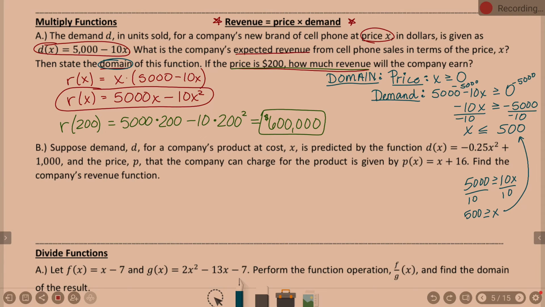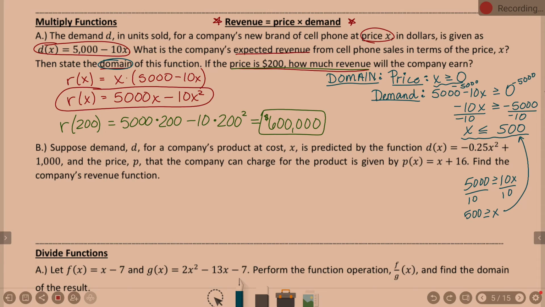Okay? Now, we had two pieces here, yes? We have to put this as a final domain answer. My price had to be positive, so greater than or equal to 0. My demand had to be positive, so greater than or equal to 0, resulted in what? X has to be smaller than 500, right? So my price has to be bigger than 0, less than 500 for this to work.